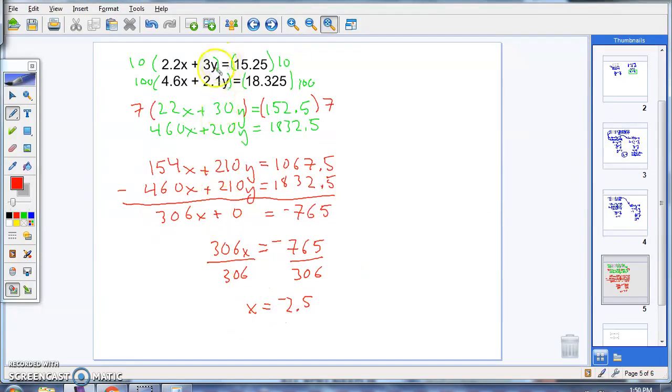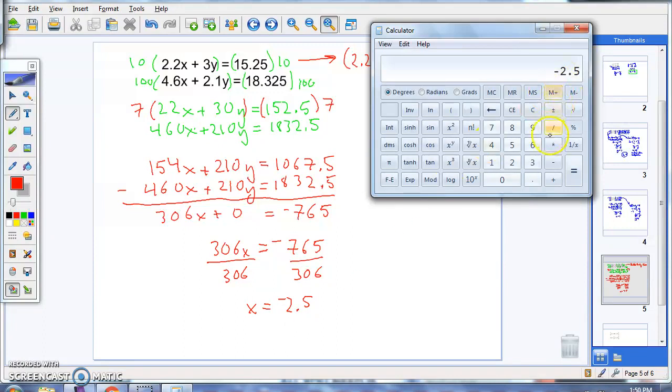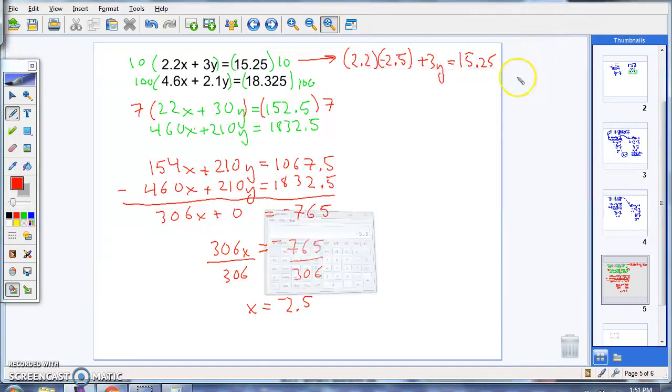So if x is 2.5, we can then plug it straight into this equation. 2.2 times 2.5, plus 3y is equal to 15.25. So 2.2 times 2.5 is 5.5.